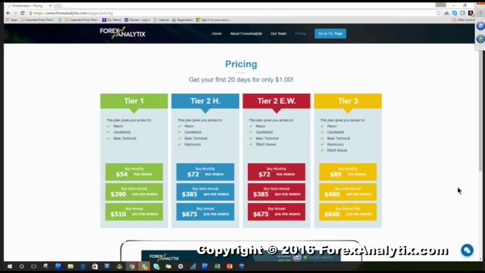You're not just logging in and going to some sort of blog. You actually have an analysis product that's delivering you succinct analysis in a very easy to read manner, that you can see here. And the great thing about ForexAnalytix is we let you try it out.